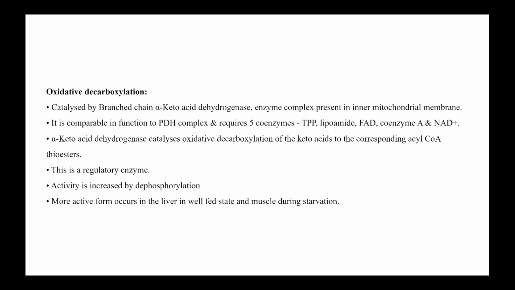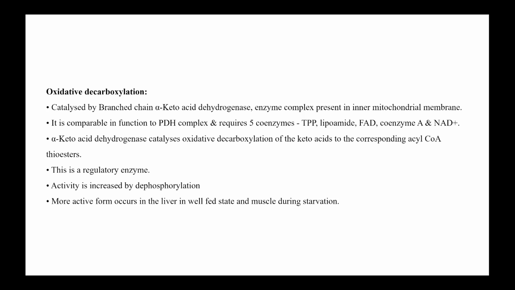So if there's a deficiency of vitamin B1, this enzyme won't work properly or won't be active. Alpha keto acid dehydrogenase catalyzes the oxidative decarboxylation of the keto acid to the corresponding acyl coenzyme A thioesters.